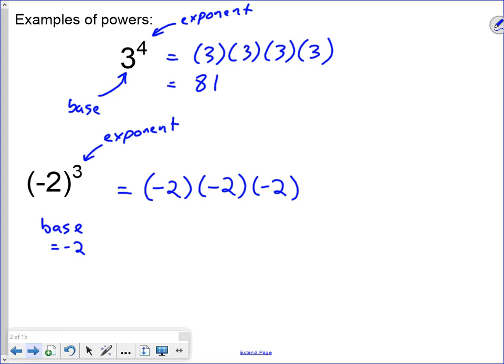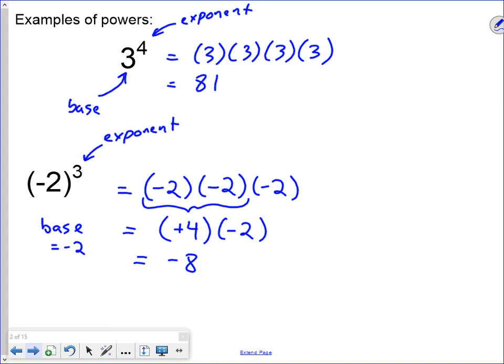So we've got 3 negative 2's that are multiplied together. And because this is a negative base, we've got to multiply the negatives together. Negative 2 times a negative 2 is going to give us a positive 4. Just multiplying these 2 terms together, we still have a negative 2. And then we get a negative 8 as our final answer, because that positive times negative gives us a negative.